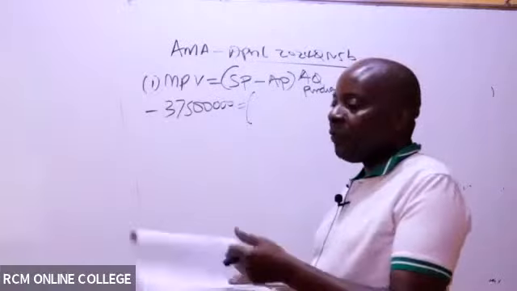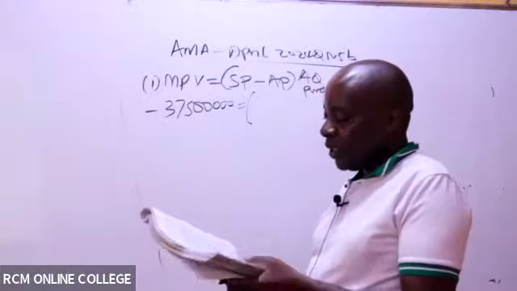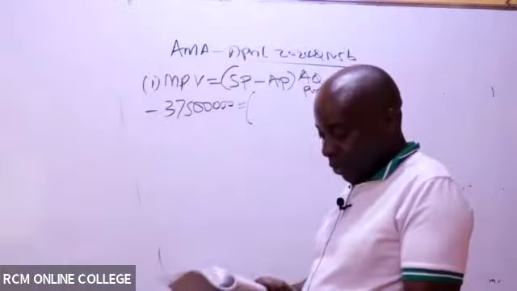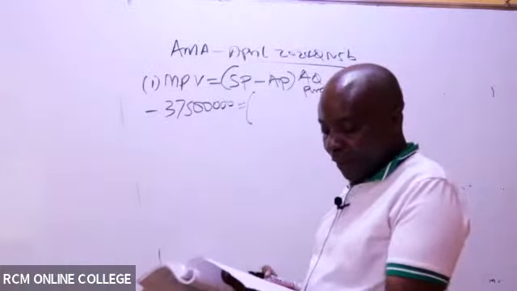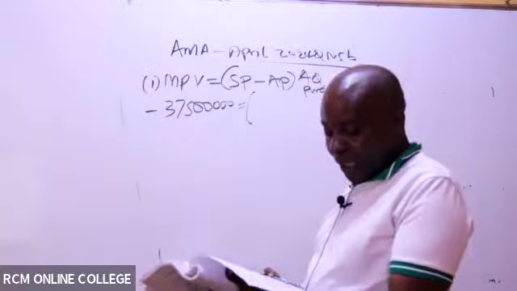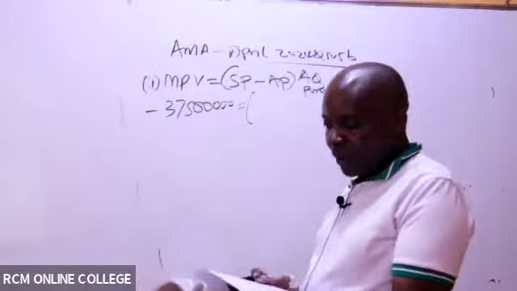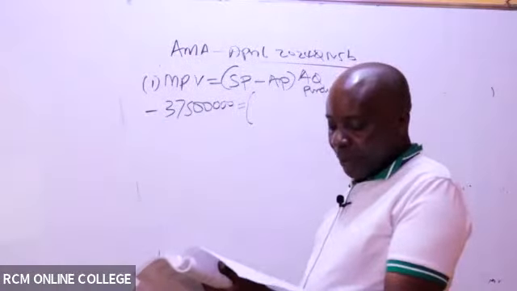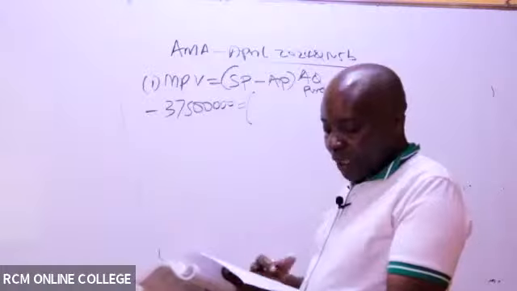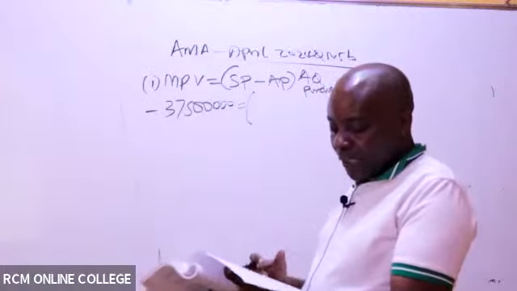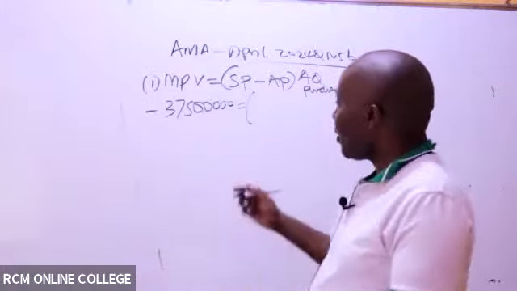We can see they have given us the standard price. From the standard cost card given, material price is 15 kilograms at 5,000 per kilogram.